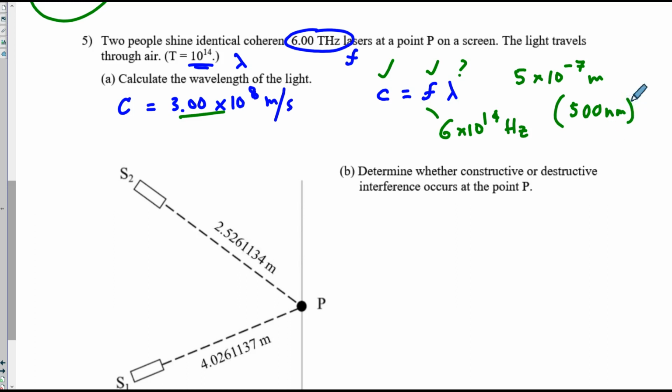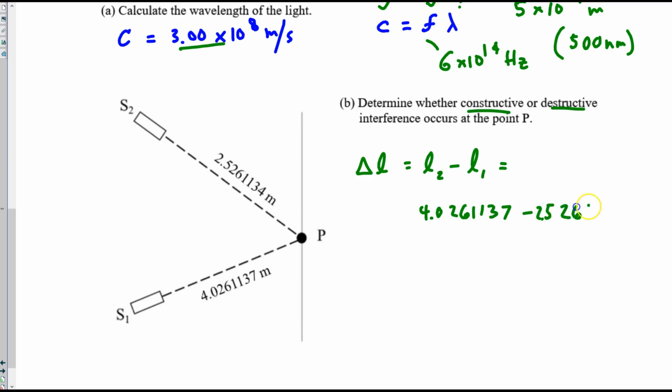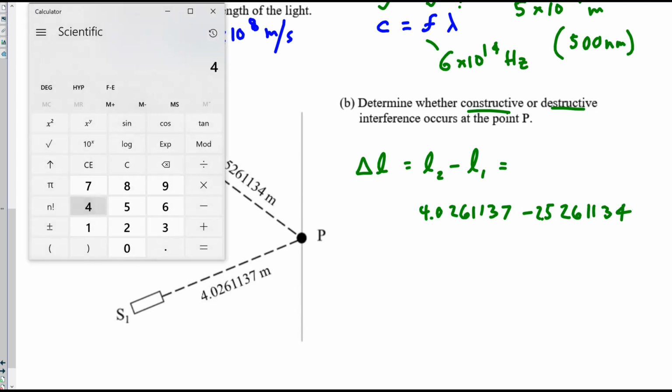Part B, determine whether constructive or destructive interference occurs at point P when the two lasers meet. Well, the path difference, the difference between their lengths is, let's start with the bigger value, it's just easier math, 4.0261137 minus 2.5261134.